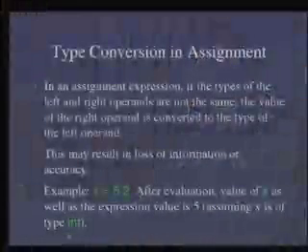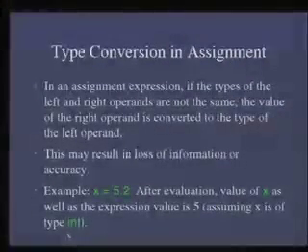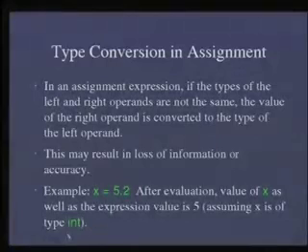In assignment, on the other hand, regardless of which of the two types is lower or higher, the value of the right hand operand always gets converted to the type of the left hand operand, because the left hand operand is a variable, and it is into this variable that the value is going to get stored. Therefore, whatever value we get as a result of evaluating the right hand side must be converted to the type of the variable.